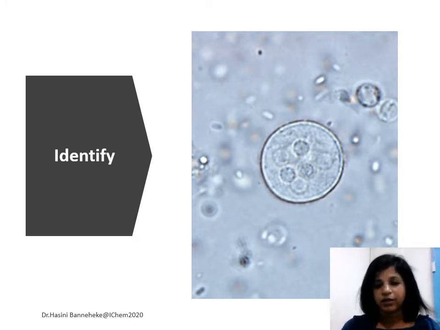And once you have the assessment on the size and the shape, then you look at the morphological characteristics. First you look at the wall, whether it is a thin wall or whether there are any protuberances or whether there are several layers in the wall. Likewise, you look at the appearance of the wall as well as the thickness. And then you go to the internal structures.